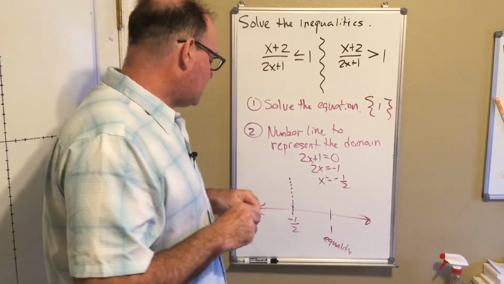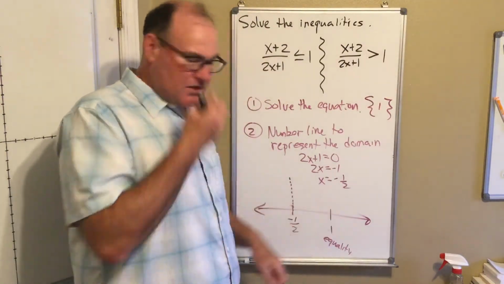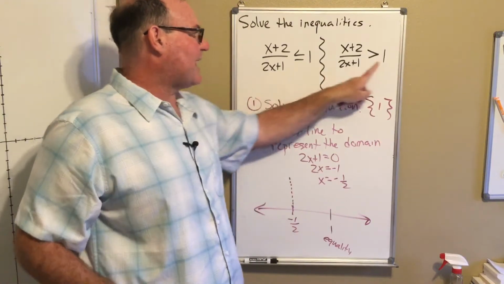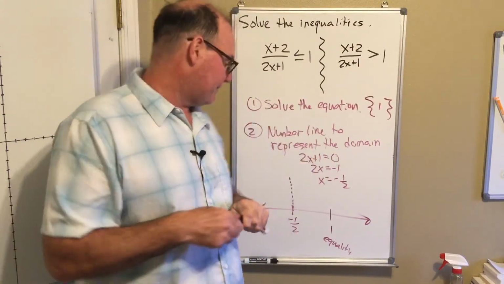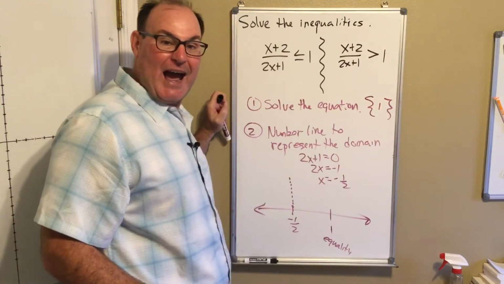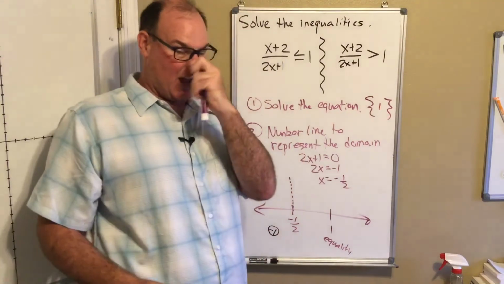And now what I'm going to do is I'm going to pick values, and we're going to see in each of these intervals, do I get a result that is less than 1? Or do I get a result that is bigger than 1? So this first interval is from negative infinity up to negative 1/2. So I'm just going to put in the number negative 1, and we're going to see what happens.